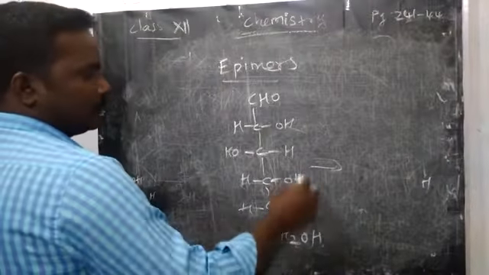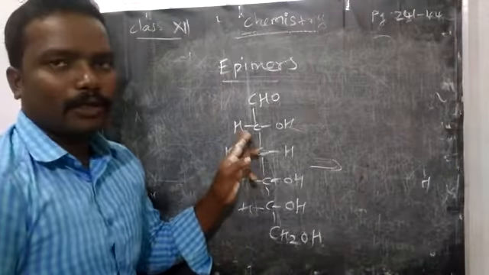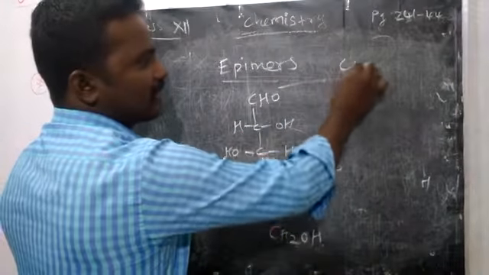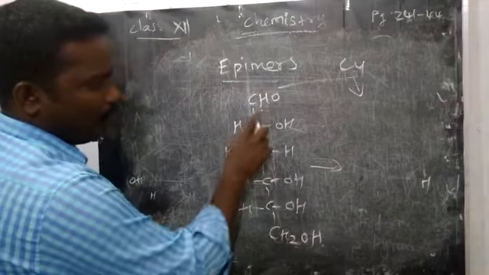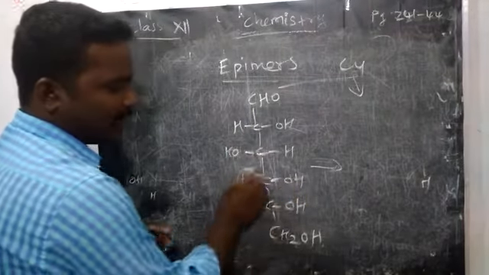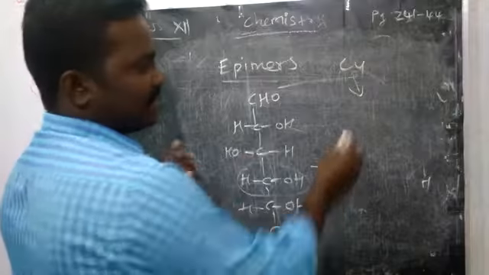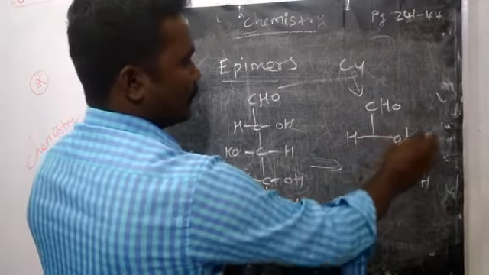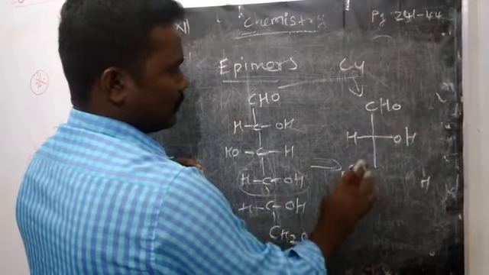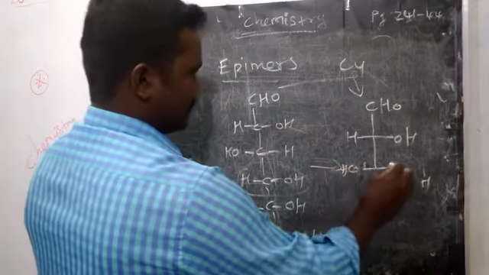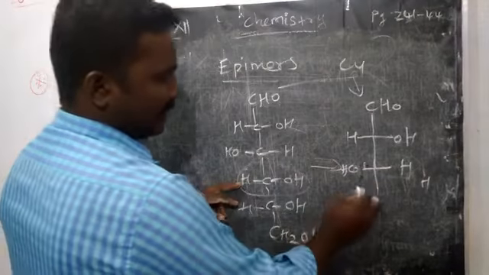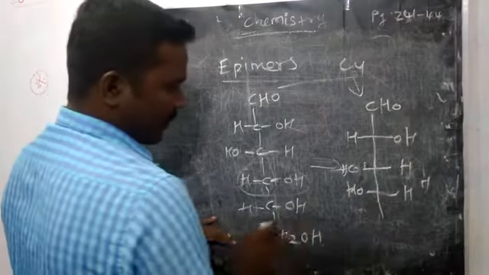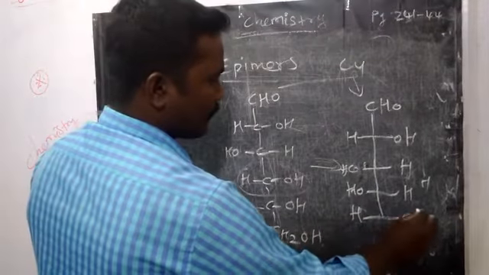If D-glucose undergoes a C4 change, that means the fourth carbon, 1, 2, 3, 4, alone is changed, interchange the H and OH. So H, OH, OH, H, then here also OH. There is a change compared with D-glucose.